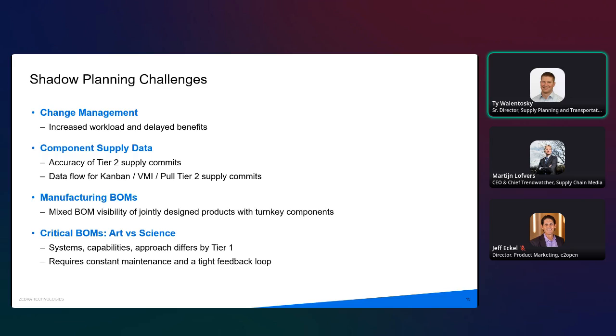And I think a big part of this has been that change management with my organization, that we need to start thinking differently. We need to start better understanding how our tier 1s are doing this, both in their systems and processes, but also in the decisions that they're making each and every week.